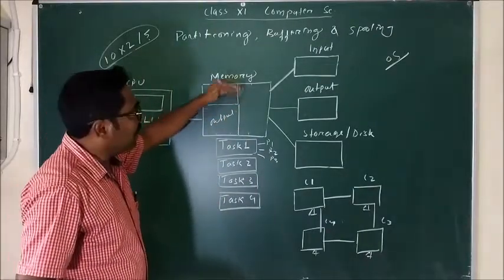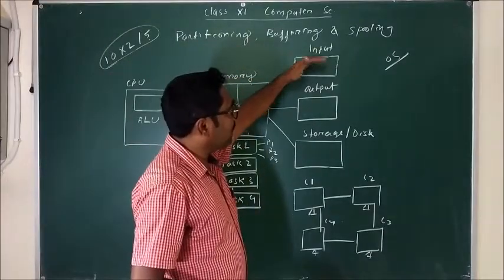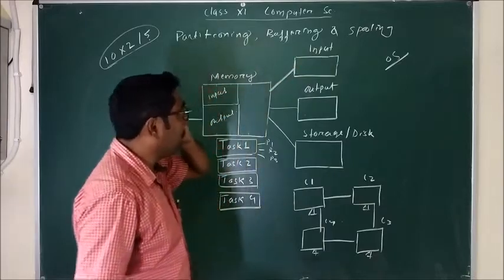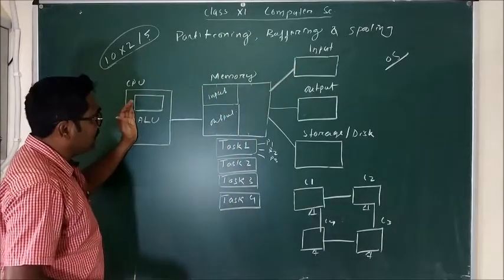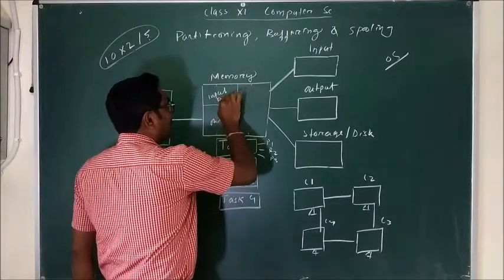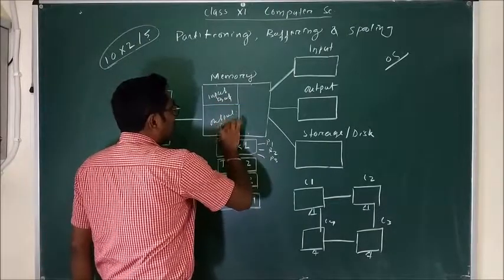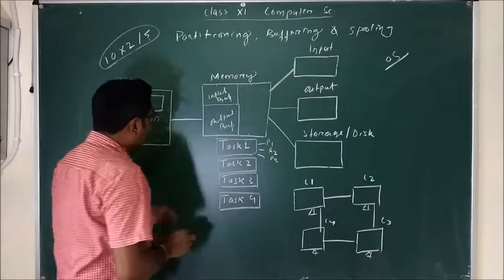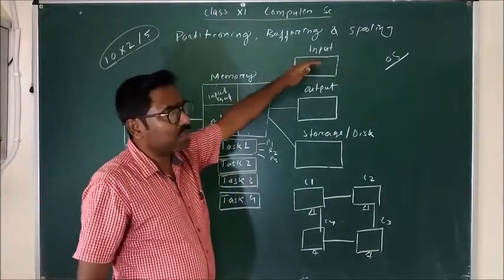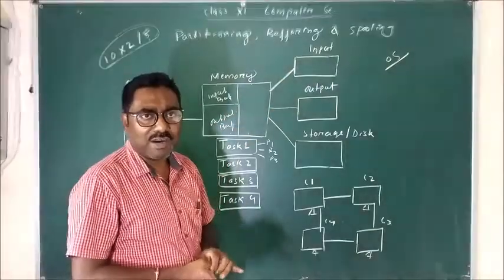The data from the input device, or to the output device, whatever data we want to interact with the ALU or the CPU, will be stored in this buffer, so that the ALU or the CPU will not directly interact with the input or output device.